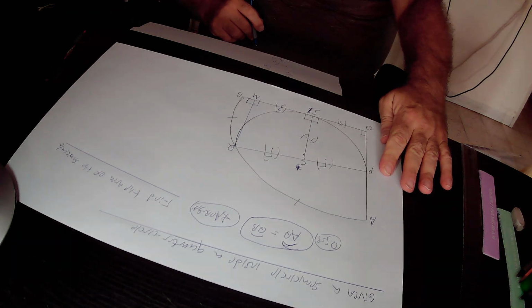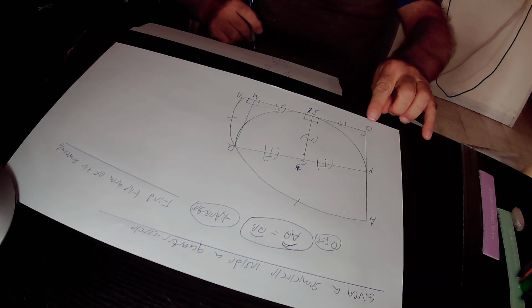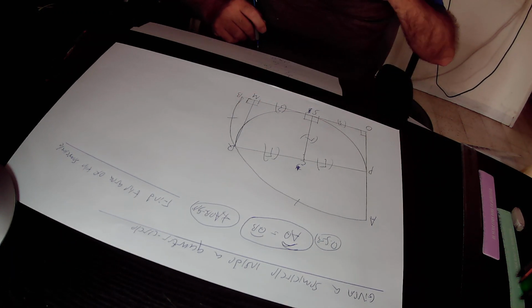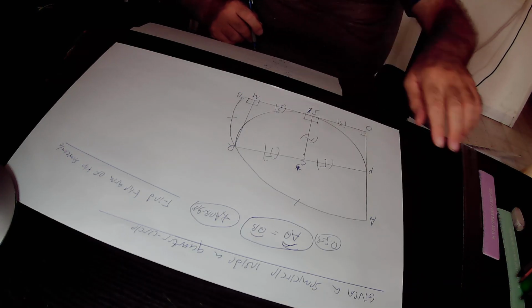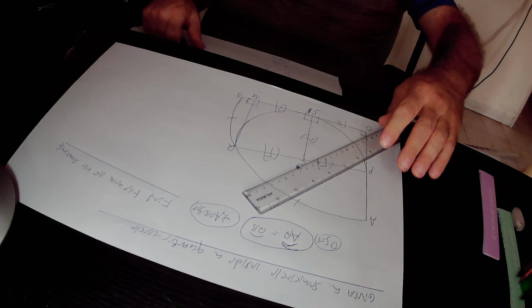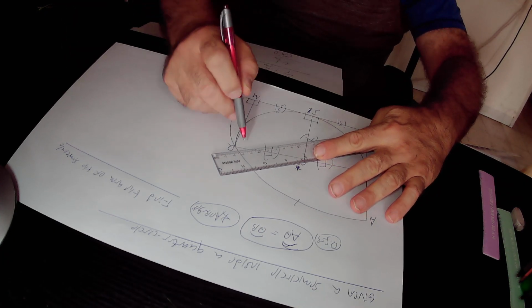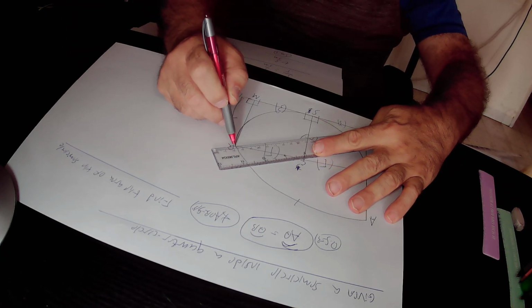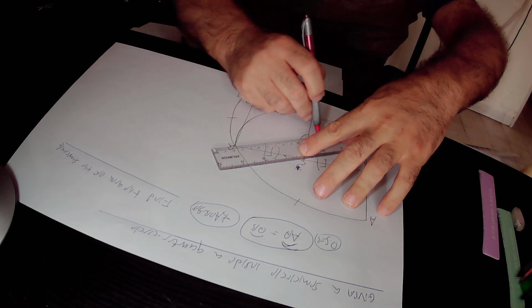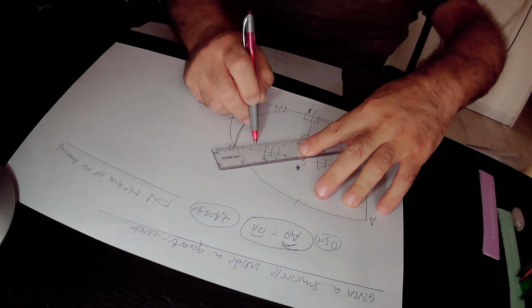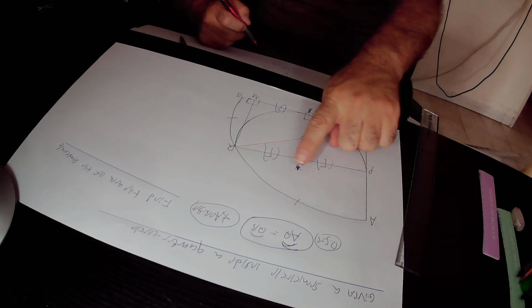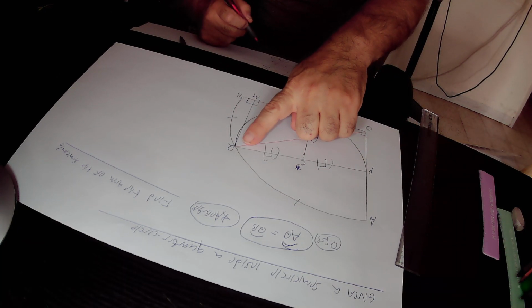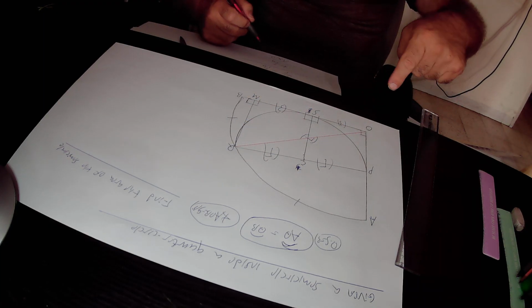In the next step, we join points O and Q together by a straight line. It is given in the question that arc KQ is equal to arc QB in a quarter circle AOB.